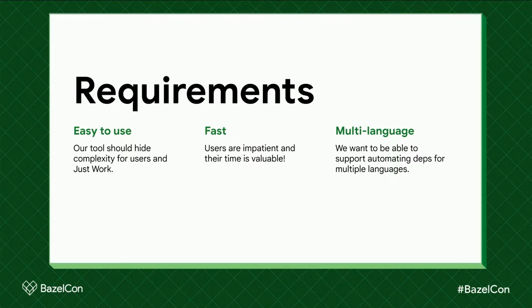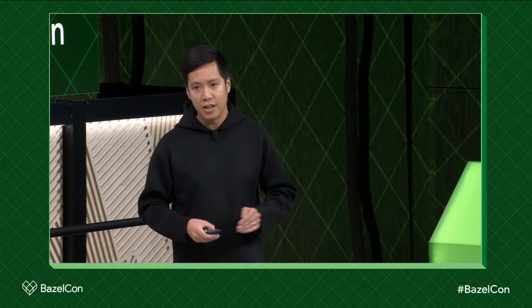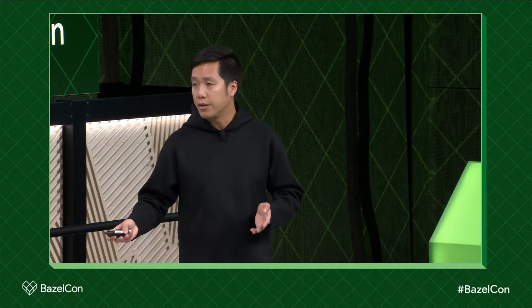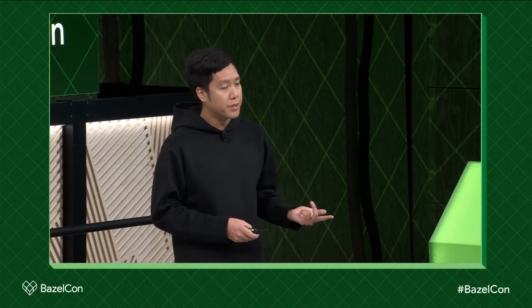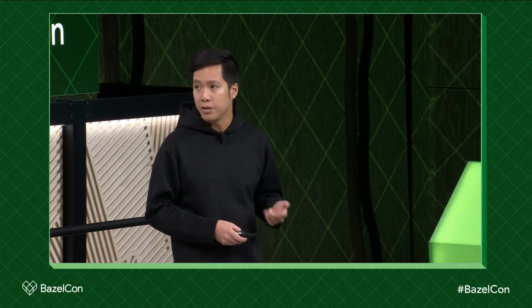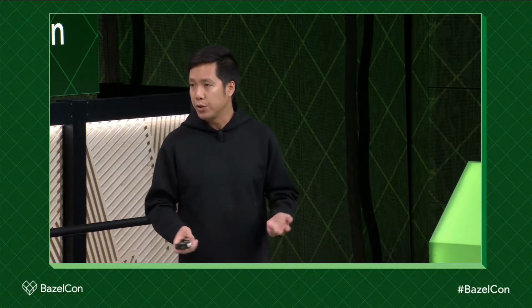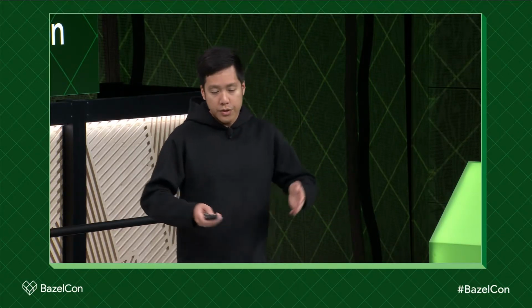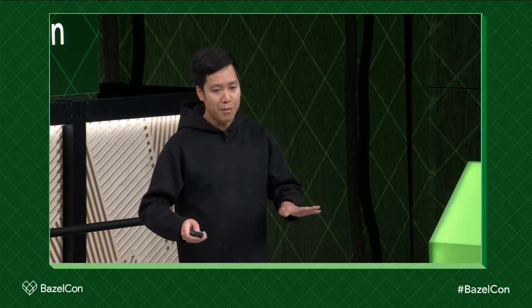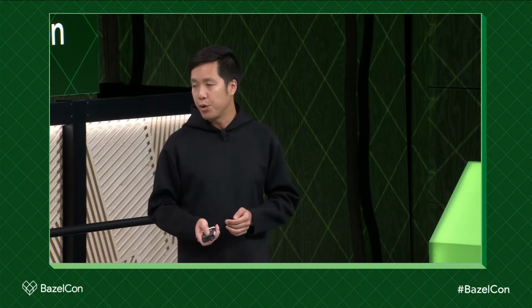If you know anything about Stripe, our reputation in the last few years has actually been more on the Ruby side, but we do have a lot of Java, a lot of Scala, a lot of Python for different use cases. Java for RPC services, Scala for data pipelines, machine learning, Python for orchestration code, scripts, machine learning. So these are some of our core baseline requirements. Most people would be pretty reasonable about that.